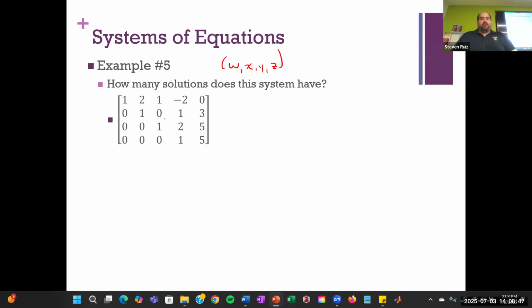Or wait, -5, sorry. I got them flipped. But yeah, so you can do what we did yesterday and backfill all your variables, right? And that really comes from the fact that we were able to write this in row echelon form and get this upper triangular form. Those are basically equivalent. You're only going to get that upper triangular form if you have a unique solution.